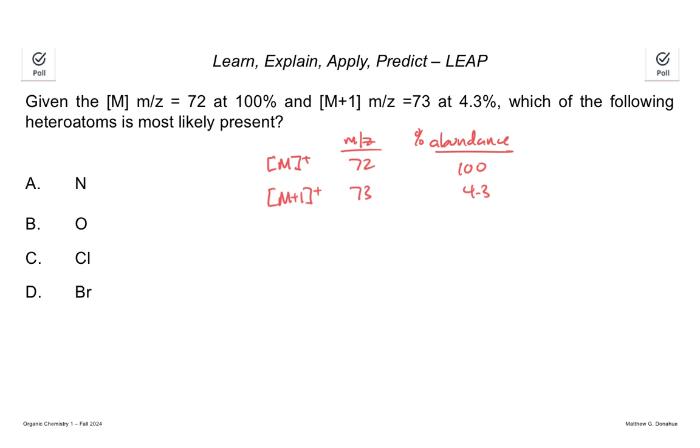It's not D. Could it be A, nitrogen? So 72, is that even or odd? It's even. So we're going to eliminate nitrogen. If it was odd, then it could have nitrogen.